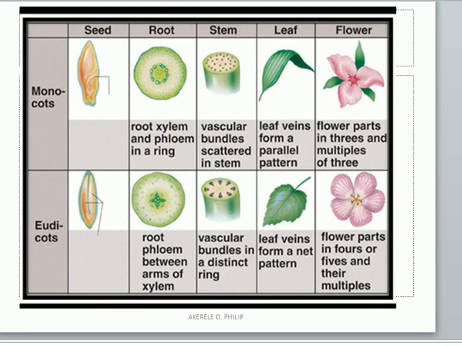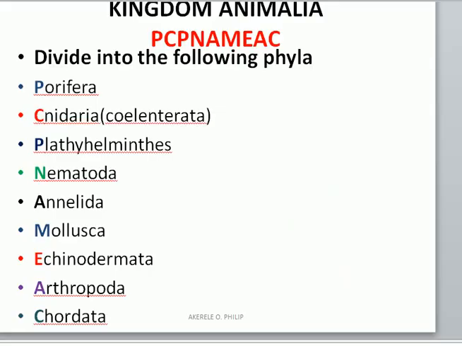All right. So we are moving on to the last kingdom, which is kingdom Animalia. Kingdom Animalia has 9 phyla.